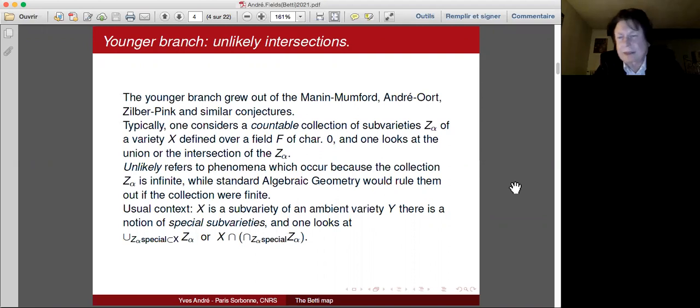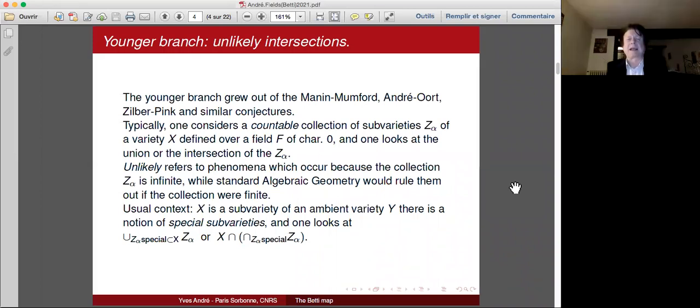So this is different from the situation of algebraic geometry because we have here a countable collection and not a finite collection. And unlikely, in unlikely intersection, refers to phenomena which occur precisely because the collection, the alpha, is infinite, while standard algebraic geometry would rule them out if the collection were finite. To be more precise, the usual context is the following.